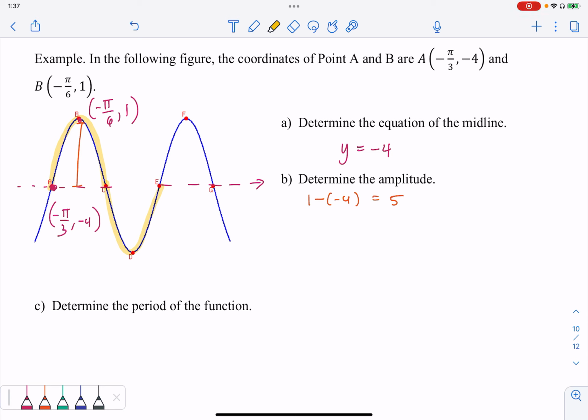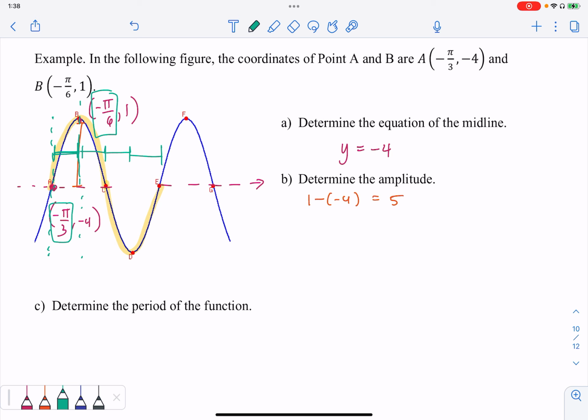In terms of horizontal, I care about the x coordinates that are given: -π/3 for that x coordinate, and then -π/6 here. So I want to know, what is the horizontal distance between these two points? Because if I know that, then I know the period is 4 times that, because I'd have this piece, this piece, this piece, and then this piece.